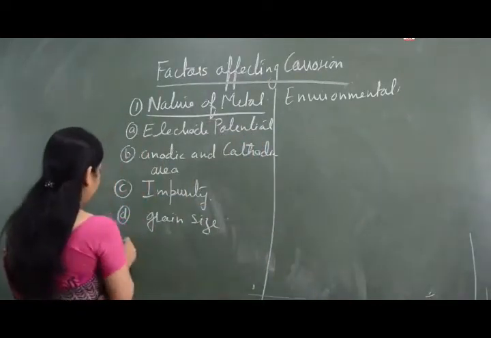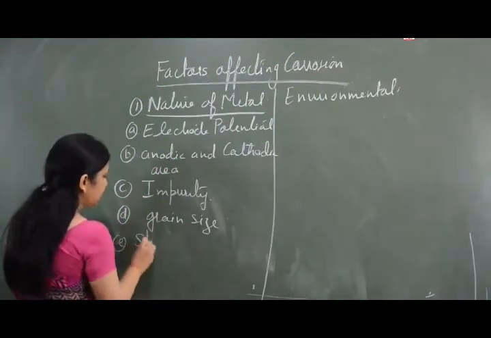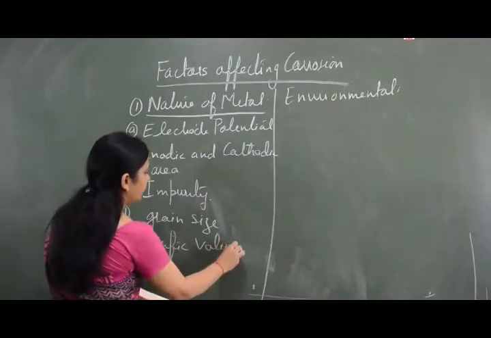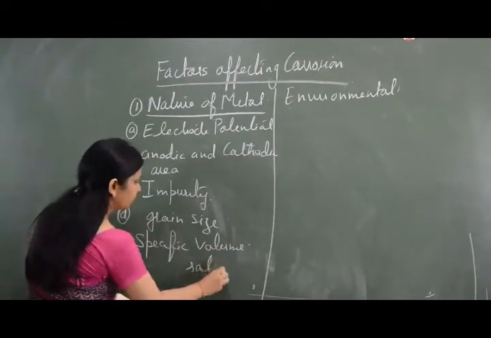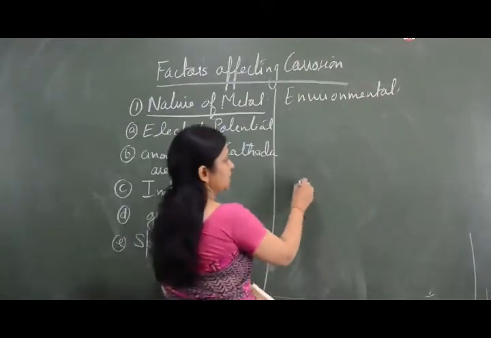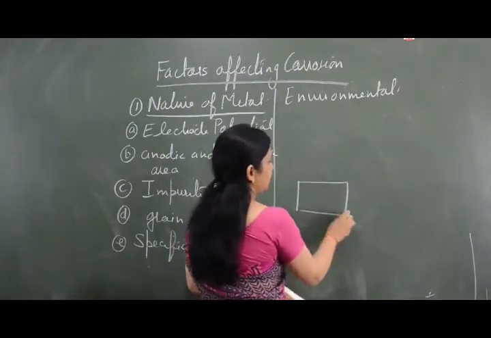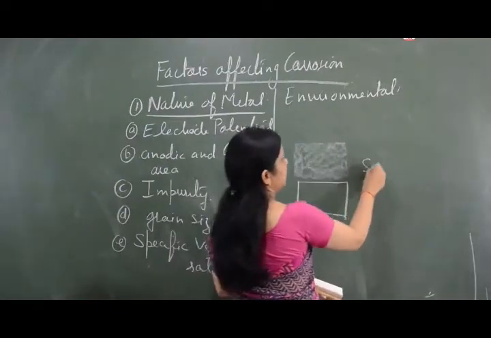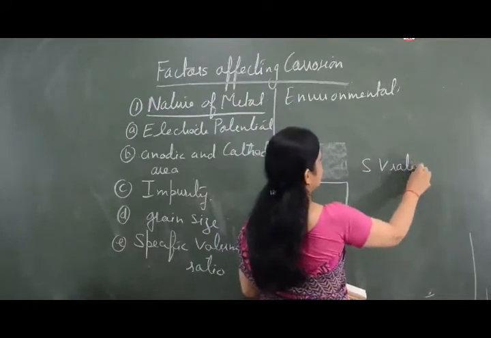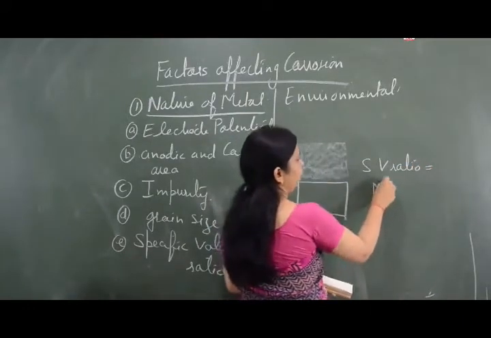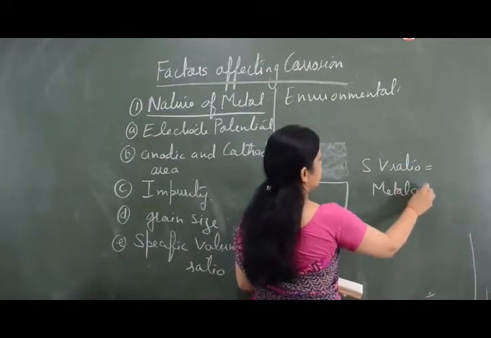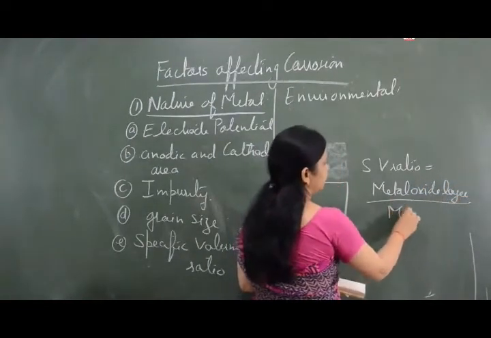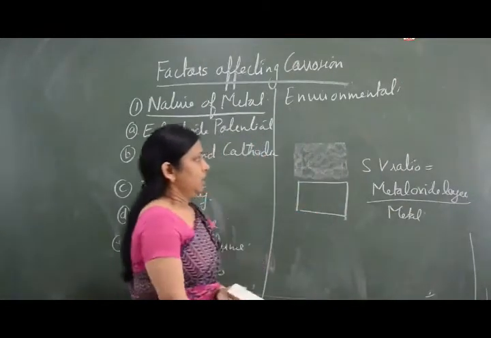And then we have the specific volume ratio. Suppose this is a metal, and on this we have a metal oxide layer. The specific volume ratio is the ratio of the metal oxide layer over the metal.